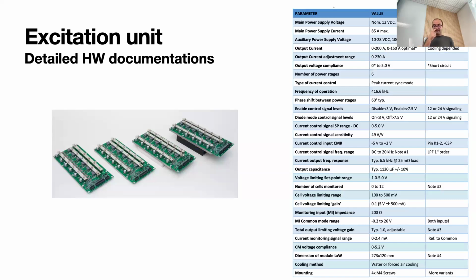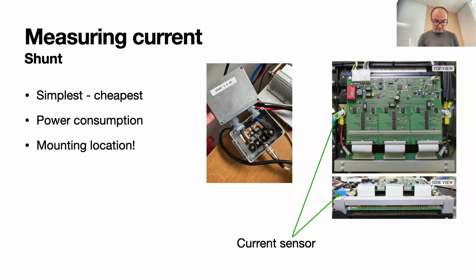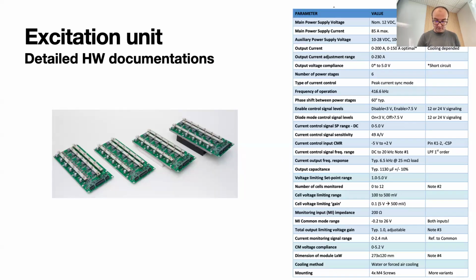These are the characteristics of the basic unit. You can see here, it goes up to 150 amps, and it's dependent on the cooling.